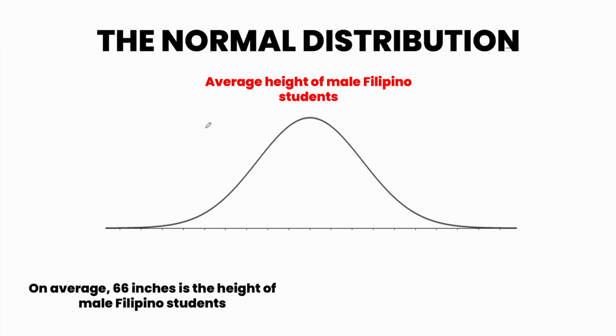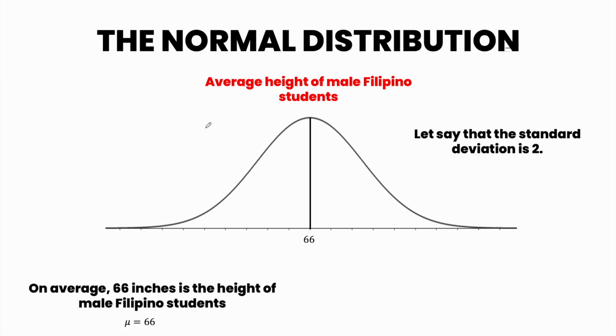On average, 66 inches is the height of male Filipino students. So mu is 66. Let's have 66 at the center of the normal distribution. And let's say that the standard deviation is 2. So remember, standard deviation indicates the spread of the normal distribution.